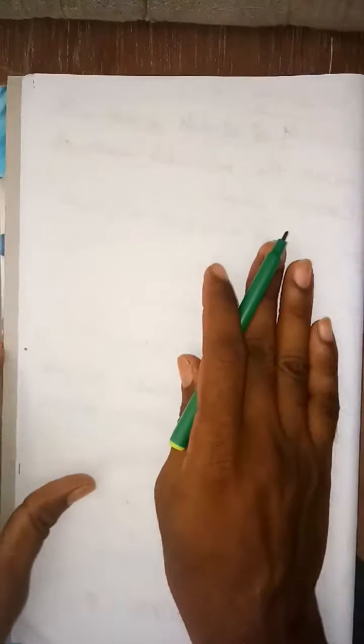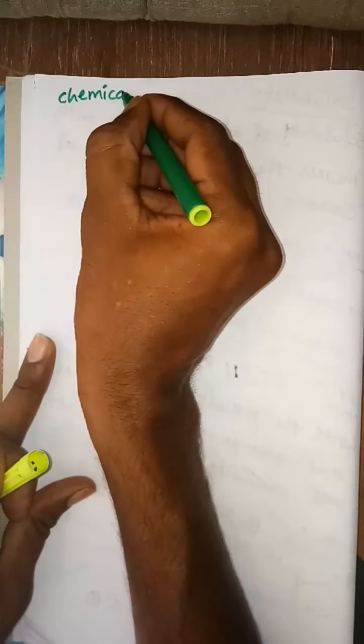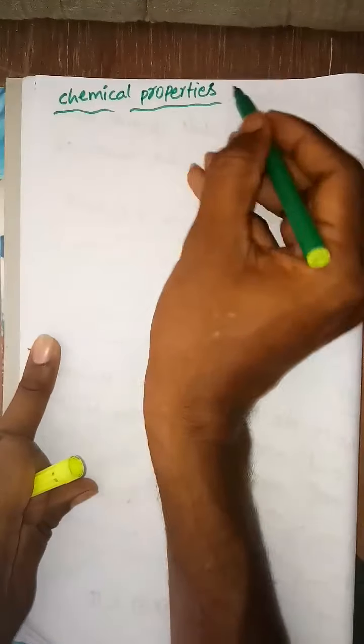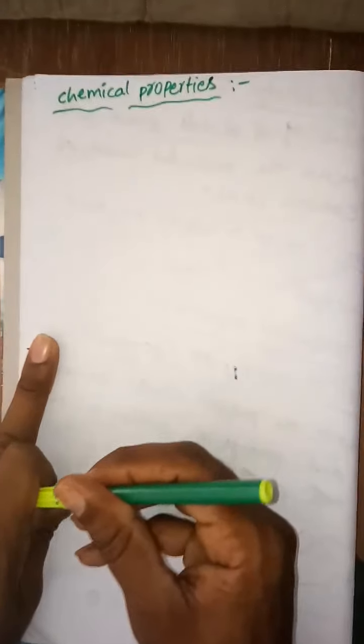Next one, chemical properties. What is the first chemical property here? From the chemical properties point of view, alcohols react with active metals.